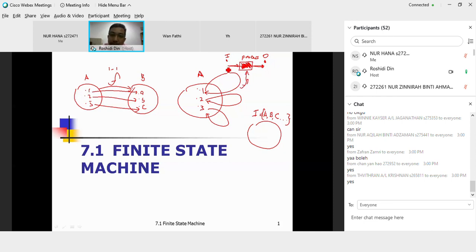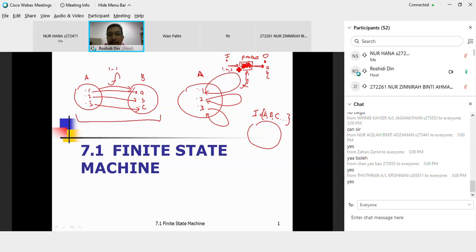Previously, in human understanding, we can use 1, 2, 3 and so on as input. We process 1, 2, 3 and we can get A, B, C. In the middle, we do some process, and this process we call a function.